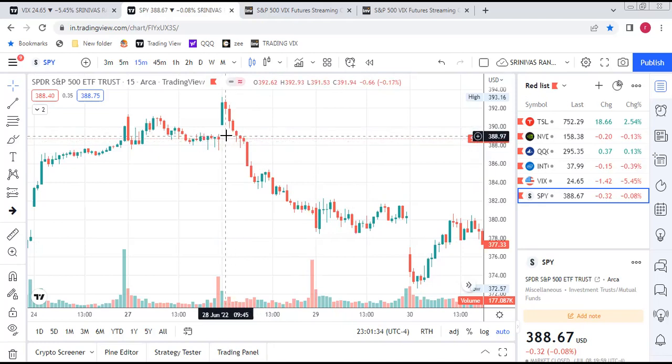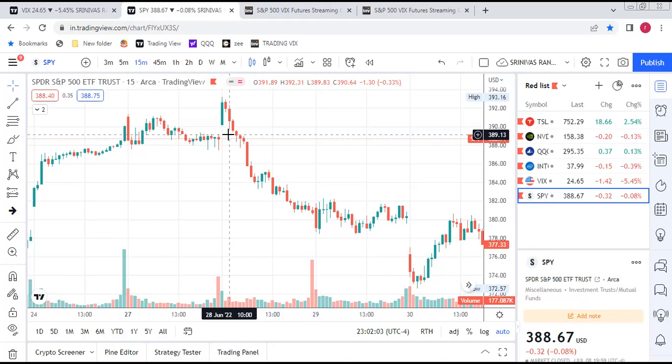Actually, it has the tendency to give minimum 10 to 15 points in 1 or 2 days, sir. And on the same day, it can go around 7 to 8 points, sir, if you buy an option which is 4 to 5 points away. Suppose here SPY is trading at 390, sir. Assume that we got a trade on Friday, right? It is trading at 390.